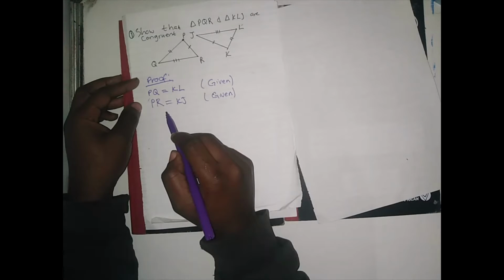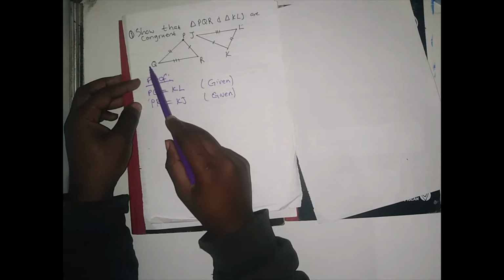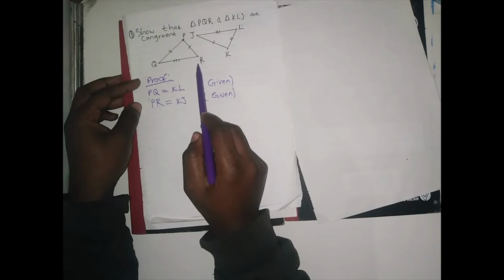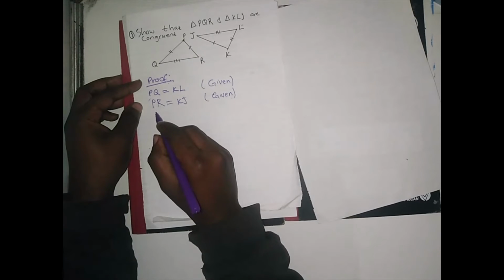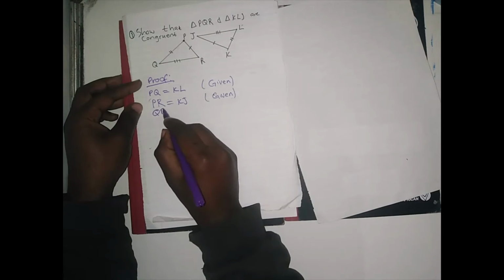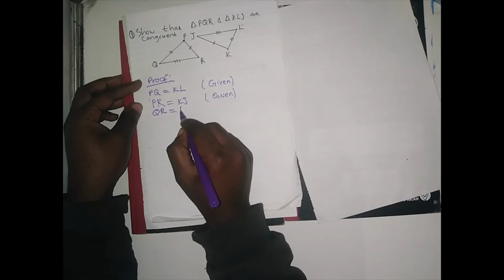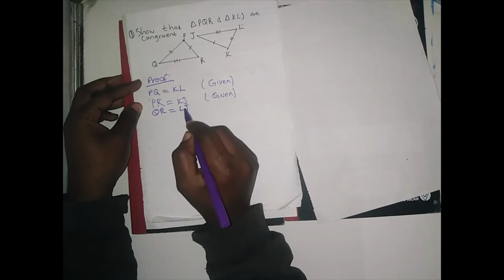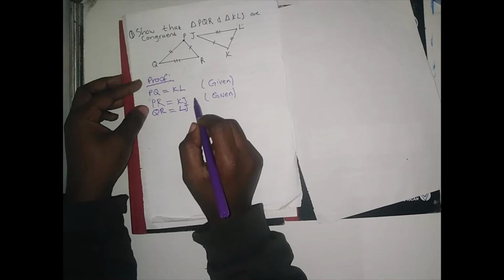And then look at QR. Can you see? QR is also equal to LJ.